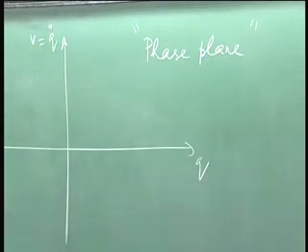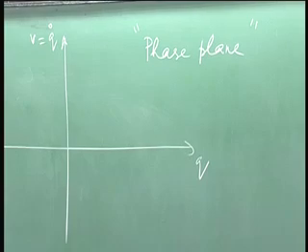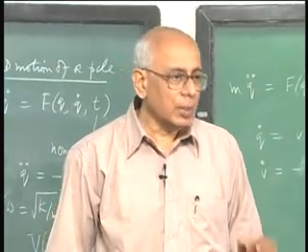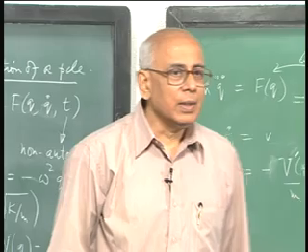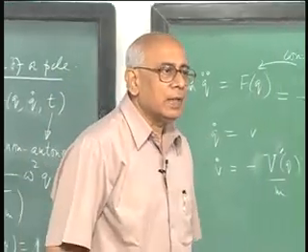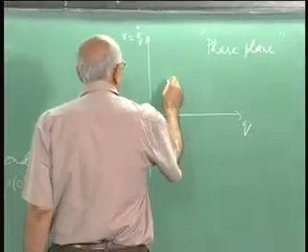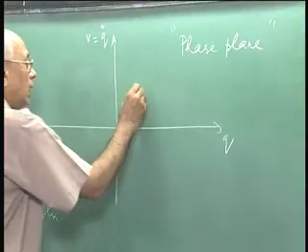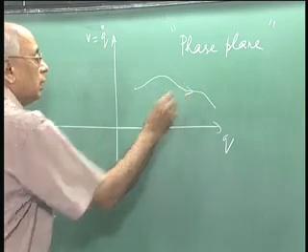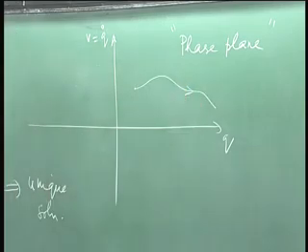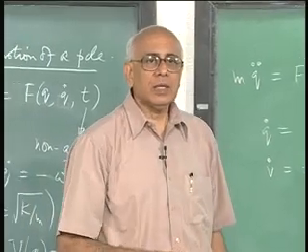A point on this plane specifies this system completely, and this point changes as a function of time, and it traces a trajectory called the phase trajectory. So what it would do is to start at this point, this is the initial point, and as a function of time it would move in this fashion. Now tell me, can this trajectory cut itself?